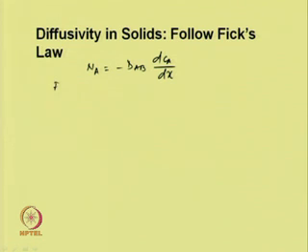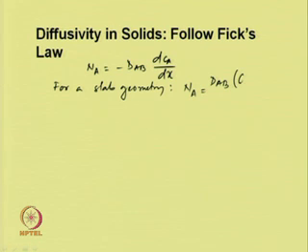For a slab geometry, if we integrate over the thickness L of the slab, we can write N A equals D AB into C A1 minus C A2 divided by L, where C A1 and C A2 are the concentrations at two different locations.